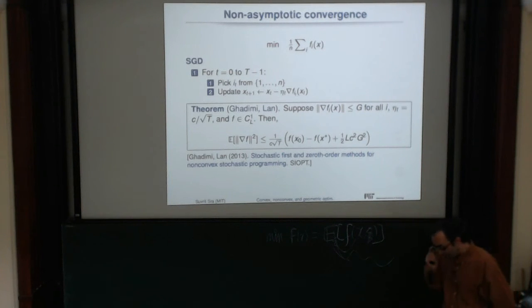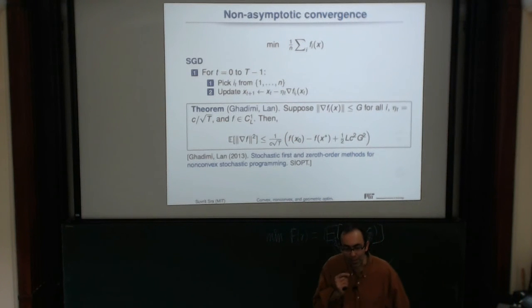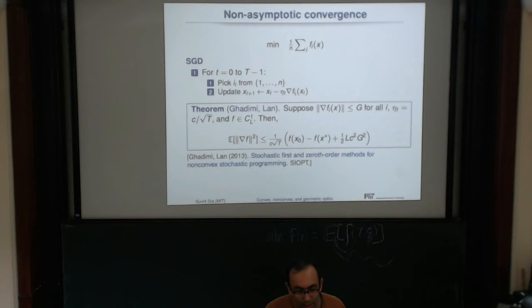Because this is non-convex optimization, it's too much to ask for being able to bound f minus f star, where f star is the global optimum. So what you do instead is you just measure how rapidly you satisfy a necessary condition. This is an unconstrained problem, so norm of the gradient going to 0 is a necessary condition. So you try to see how fast you become stationary.